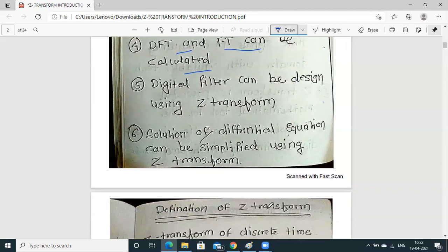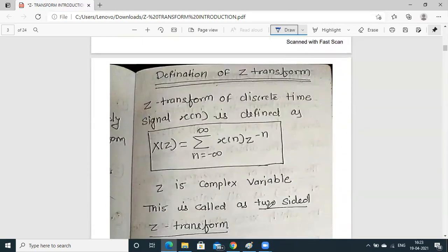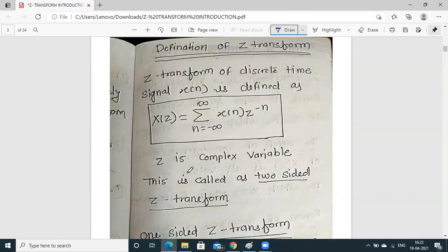Now after this we can define Z transform. We will see the formula of Z transform. Z transform of discrete time signal x of n is defined as X of z is equal to summation from n equal to minus infinity to infinity x of n z to the power minus n, where z is a complex variable.